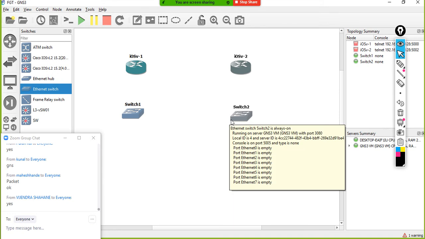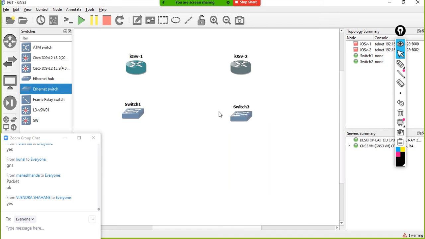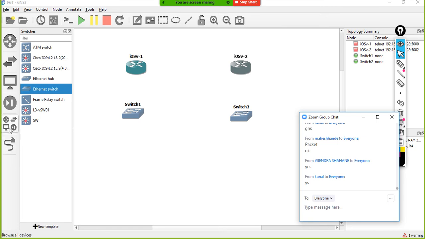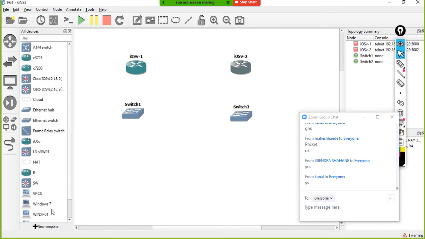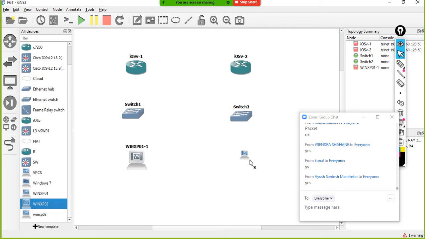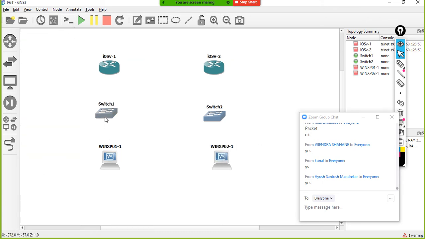Let's go and take it. Windows XP PC 1, then Windows XP PC 2. Perfect. So now I'm going to do the connectivity part.